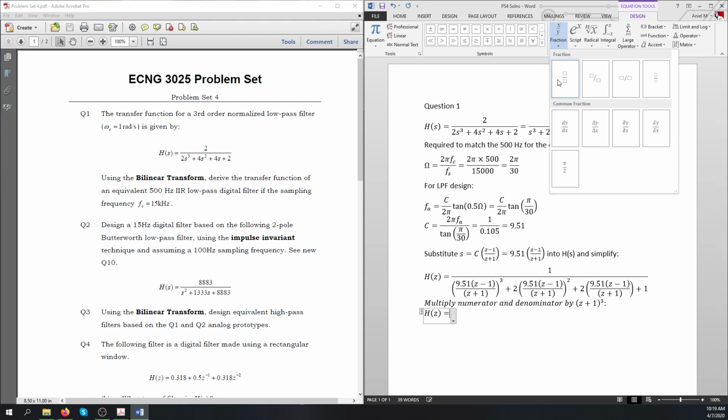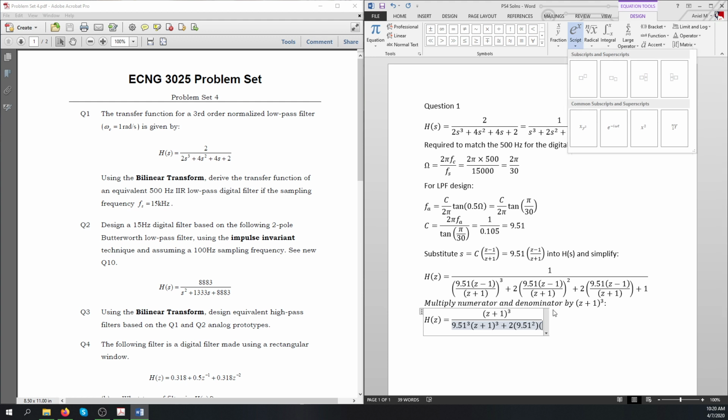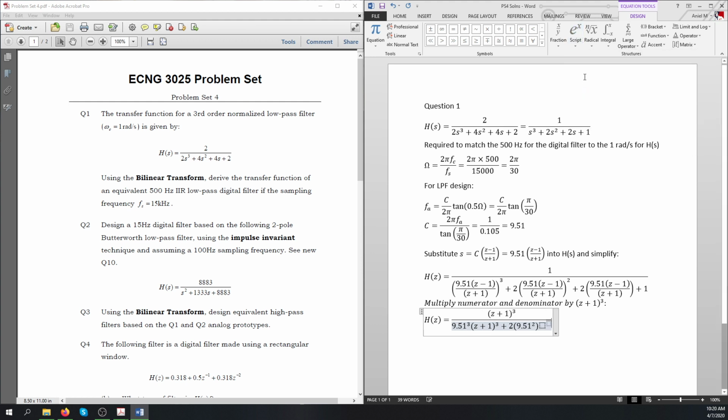Each of the z here is resolved into z plus 1 all cubed, and then this will be 9.51 cubed into z plus 1 cubed, plus 2 into 9.51 here squared, into z minus 1 here, all squared.